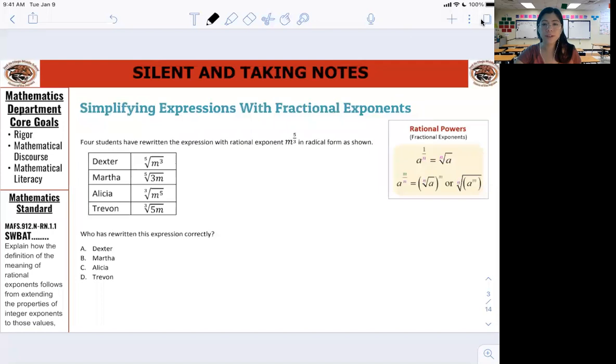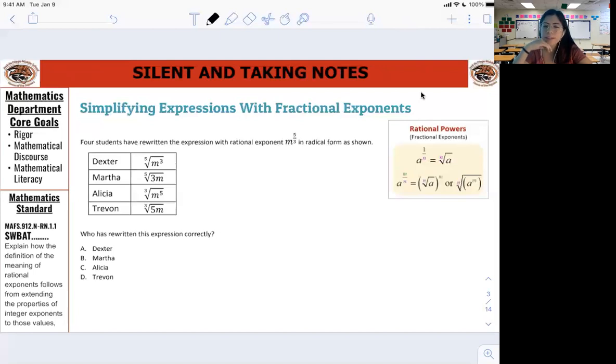So take a look at the 4 students and then determine which one wrote it correctly. Okay, 20 more seconds.